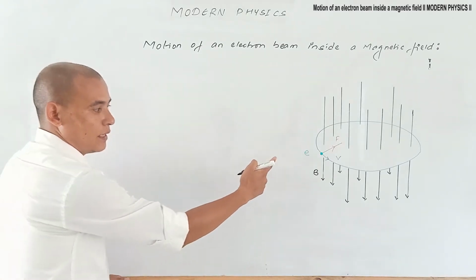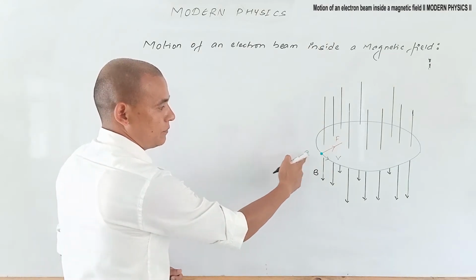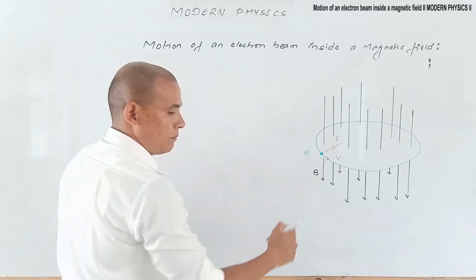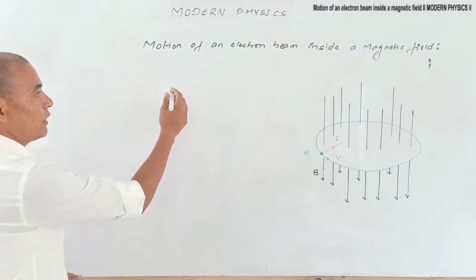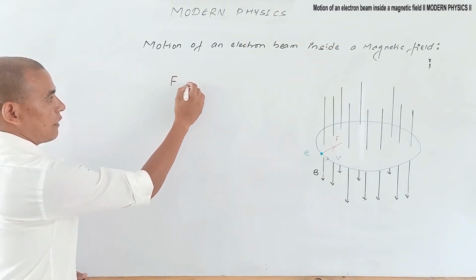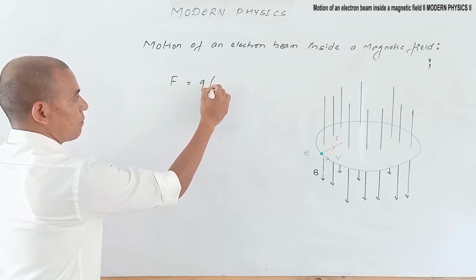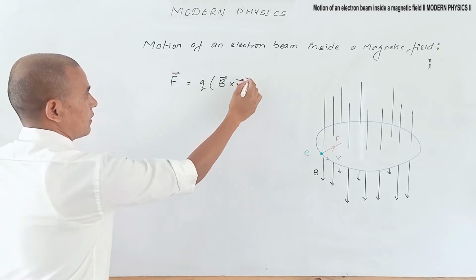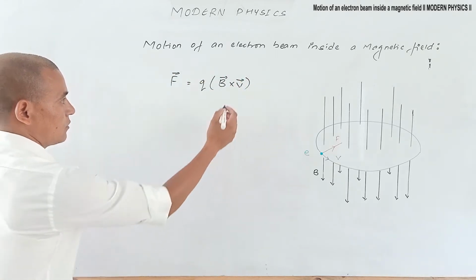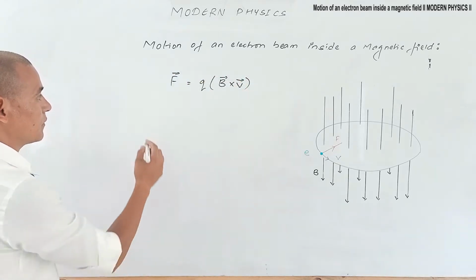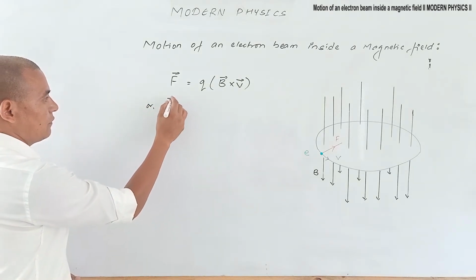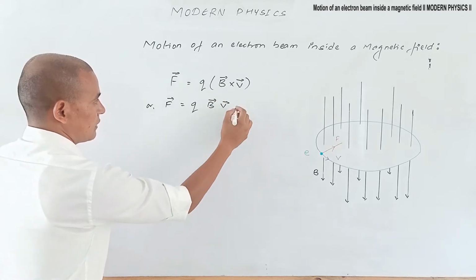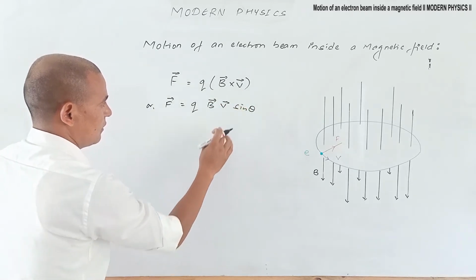If e is the charge of an electron, v the velocity, F the Lorentz force, and B the magnetic field, then according to the Lorentz force, F is given by q B into v. This is a vector quantity, so we represent it by an arrowhead, or F equals q B v sin theta.